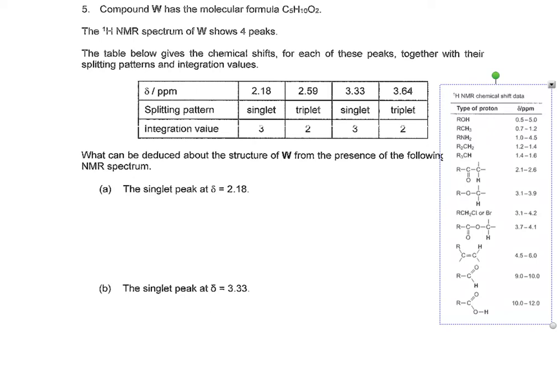The first one at 2.18 has an integration value of 3, so that's suggesting we've got a CH3, and since it's a singlet, there are no hydrogens on the adjacent carbon, and the chemical shift of 2.18 leads us in the direction of a carbonyl next door.